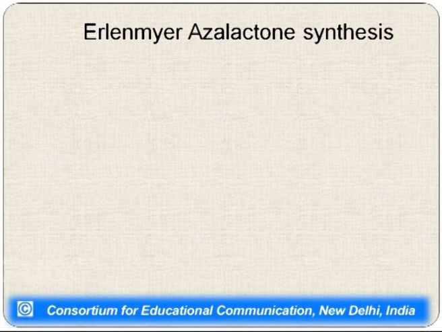Moving on to the last synthesis of today's session, I would introduce to you the Erlenmeyer azalactone synthesis. This is a synthesis in which we use an amino acid derivative, an already present amino acid derivative.